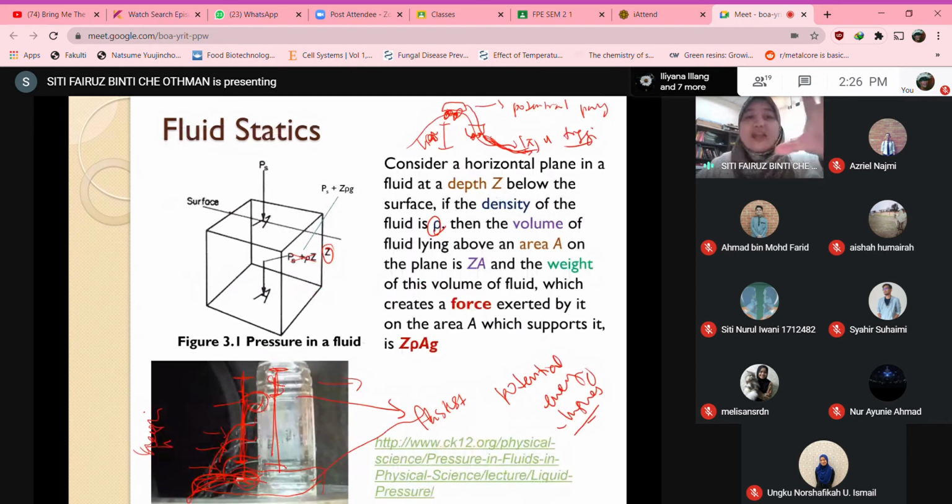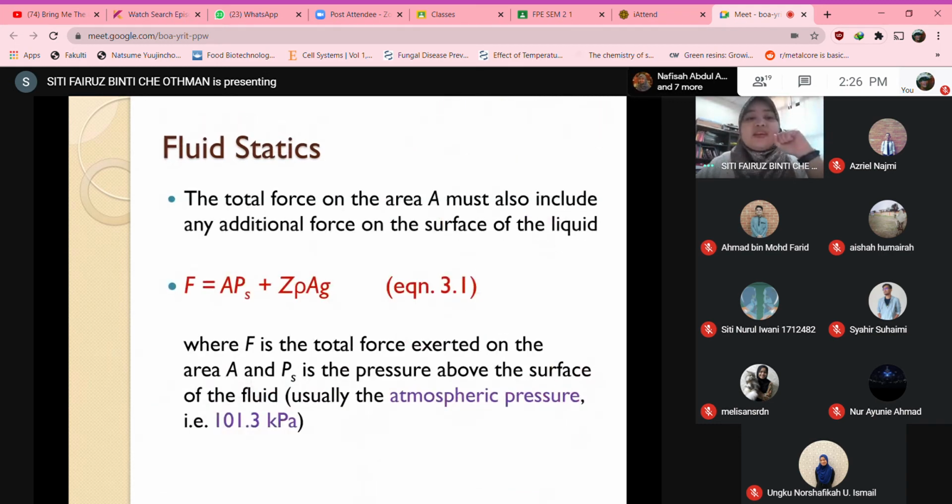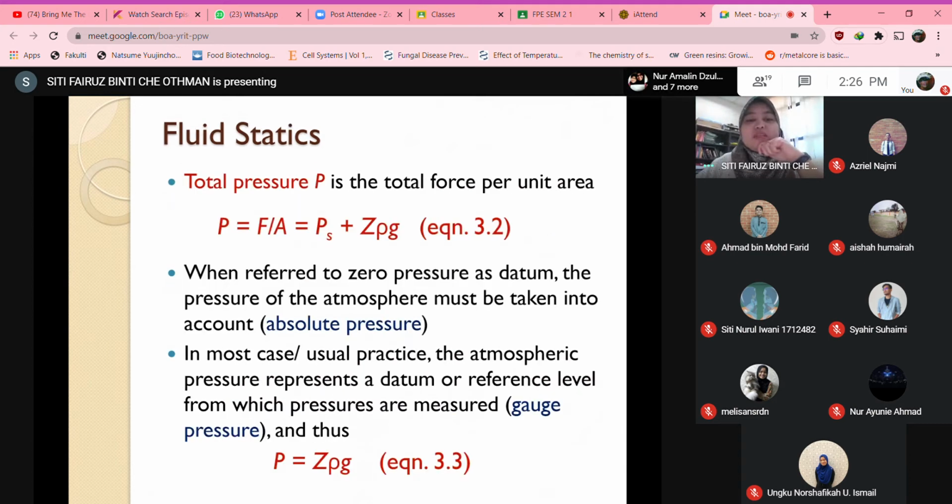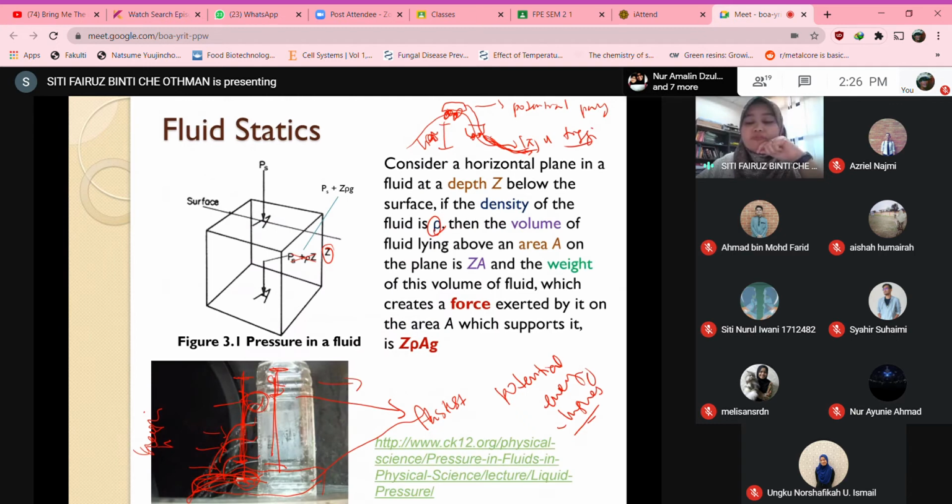If you have a tank and your fluid is not moving, you can use this particular theory. The total force on area A must also include the additional force of the surface of the liquid. Meaning, like I told you before, if you have a tank with liquid, you have to consider also the pressure outside.